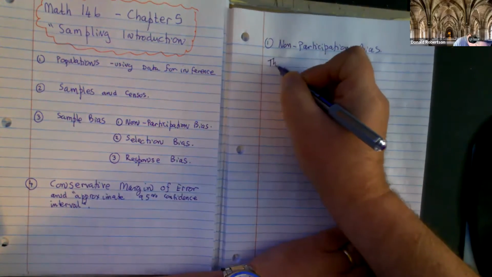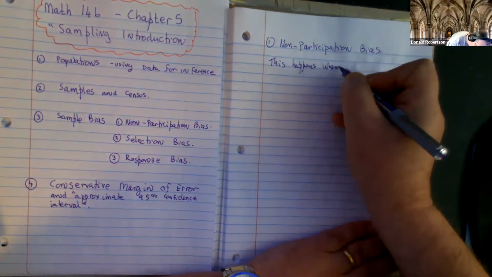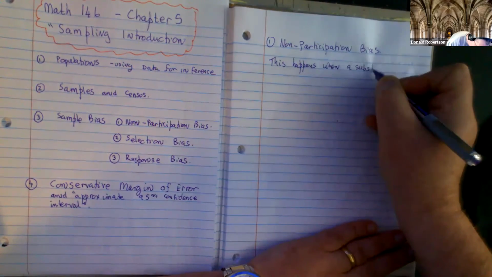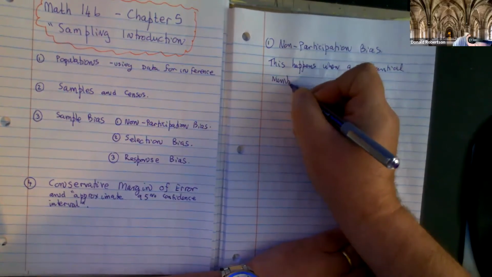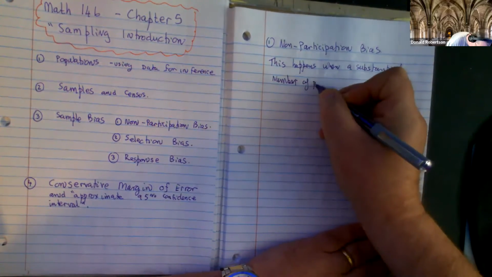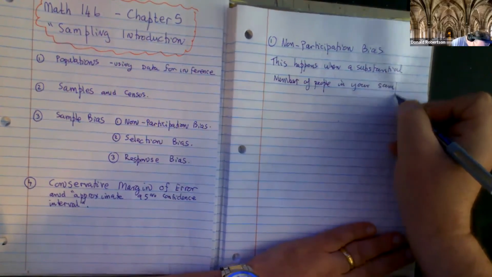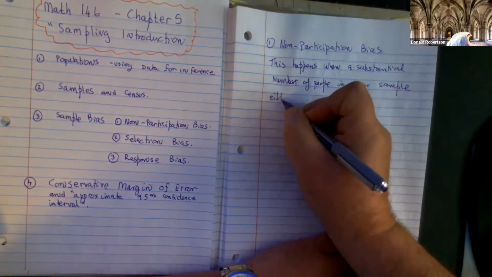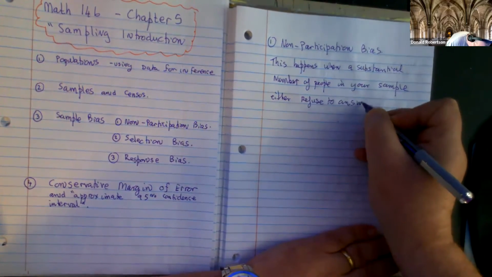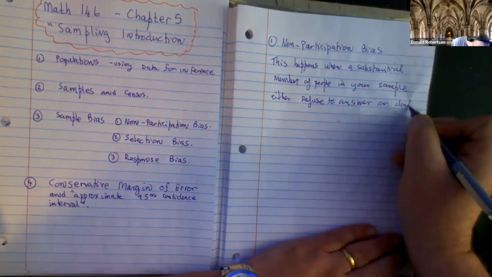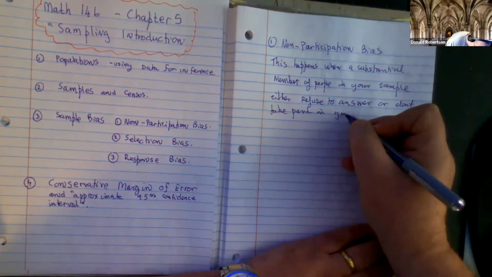This happens when a substantial number of people in your sample either refuse to answer or don't take part in your survey.